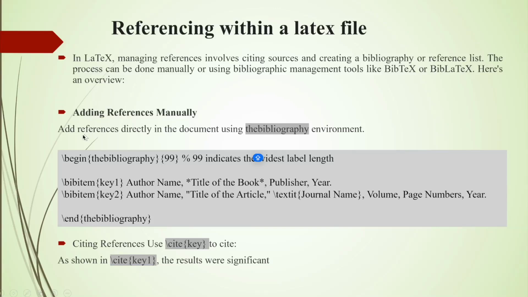Adding references manually: add references directly in the document using the bibliography environment by using begin thebibliography, and this is bibitem, the key term here, the author name, title of the book, publisher, something like that. We have to end the bibliography, and here 99 means we can include 99 bibliography entries by manually typing these things. And for citing a reference we use cite key.